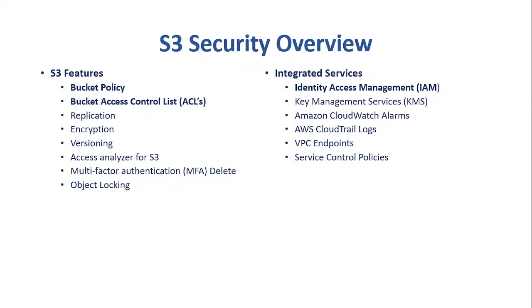So identity access management is one of those services which is used to create IAM policies. Then we have key management services, Amazon CloudWatch alarms, AWS CloudTrail logs, VPC endpoints, service control policies. In this lecture, we won't be covering all, but just to give you an overview of how many features and integrated services are available to maintain the security of S3.